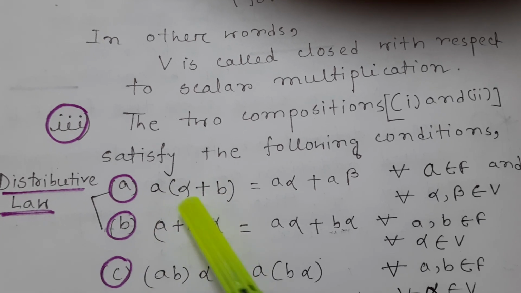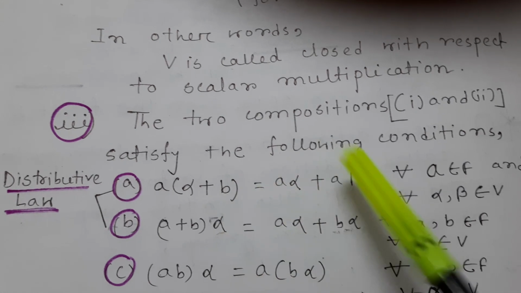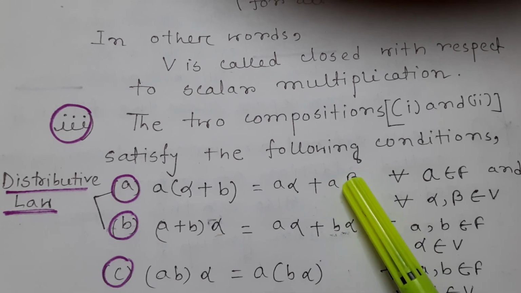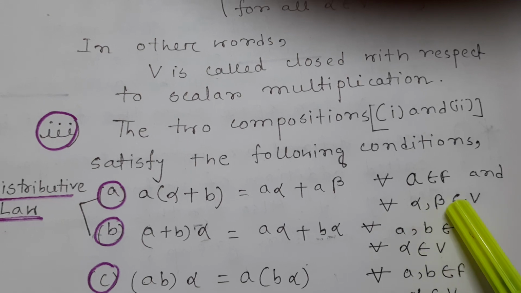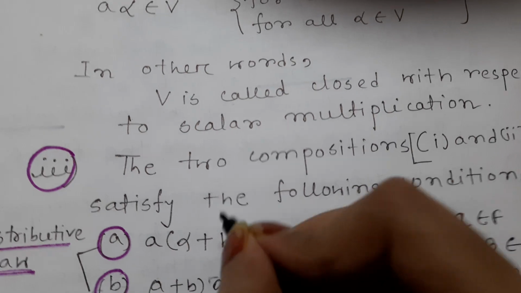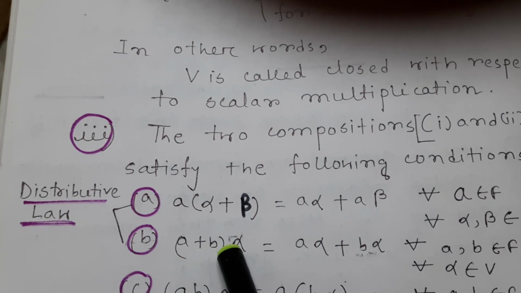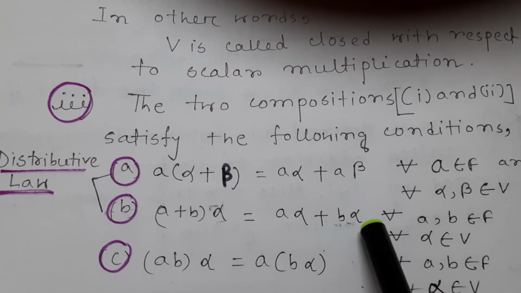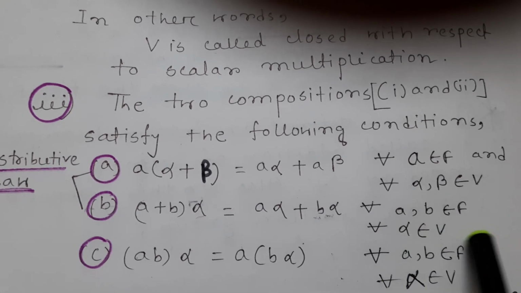First, a times alpha plus beta equals a alpha plus a beta, for all a belonging to F and alpha, beta belonging to V. And a plus b times alpha equals a alpha plus b alpha, for all a, b belonging to F and alpha belonging to V.